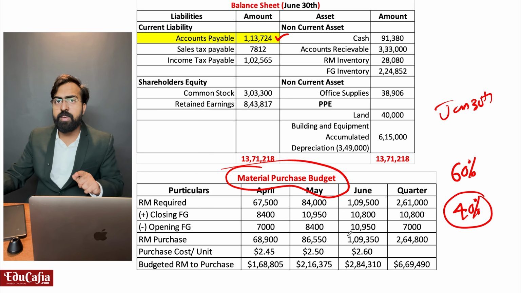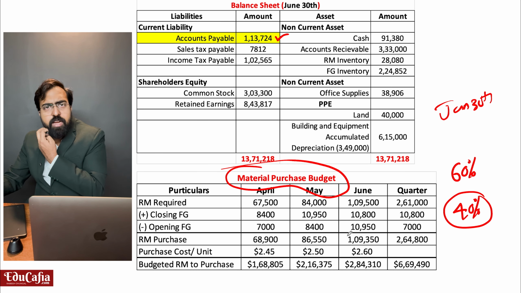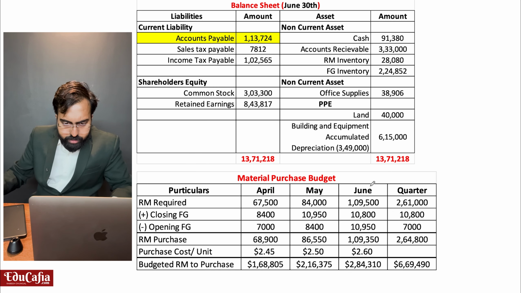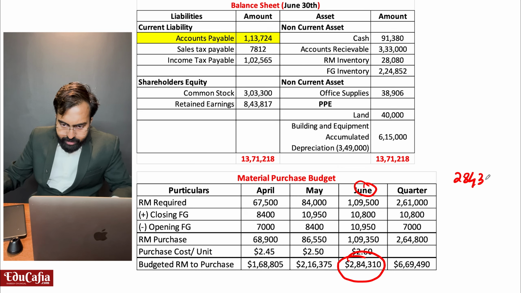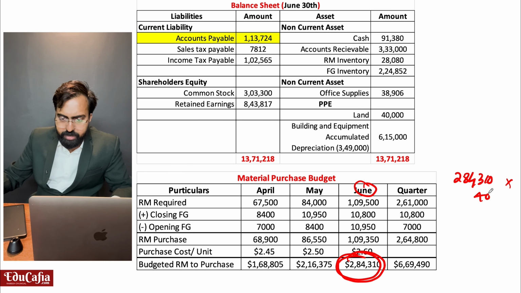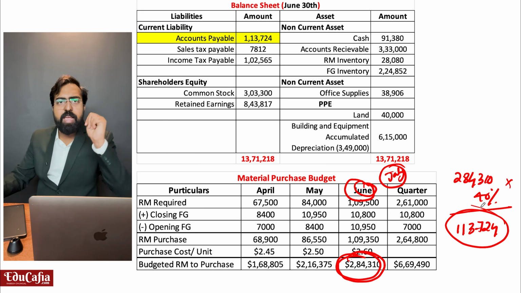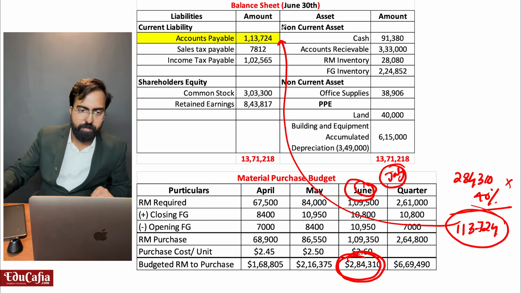We already discussed this in the cash budget, you remember, right? In June we have a budgeted purchase of 2,84,310. Of this, 40% payment is pending, which we will pay in July. That amount is 1,13,724, which is payable.